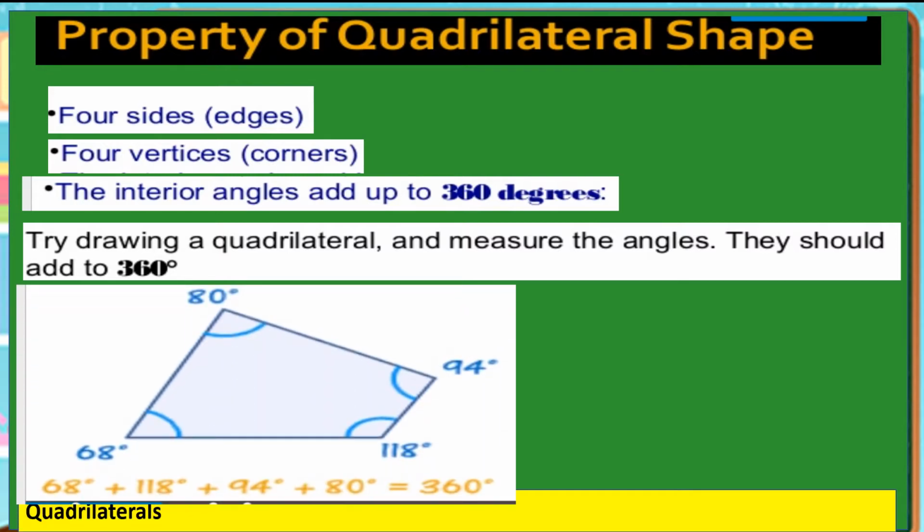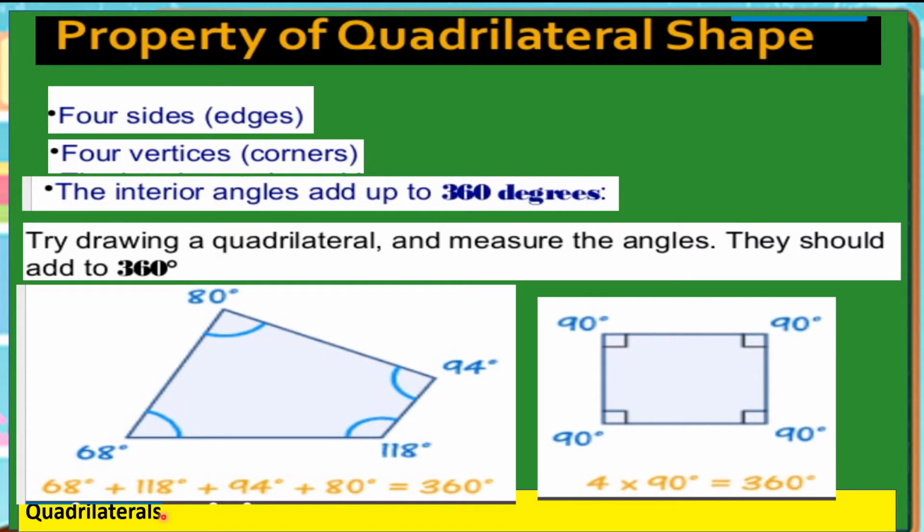So, for example, we have here a quadrilateral, a four-sided figure with four sides and four corners. The first example has 80 degrees, 94 degrees, 118 degrees, and 68 degrees.